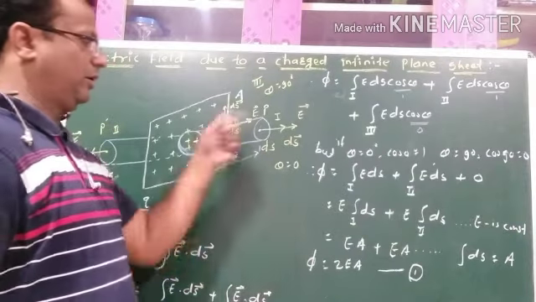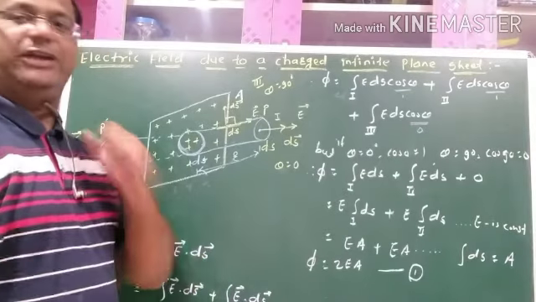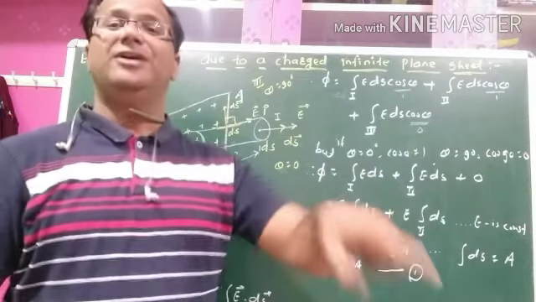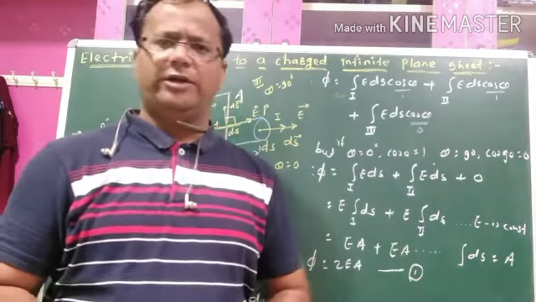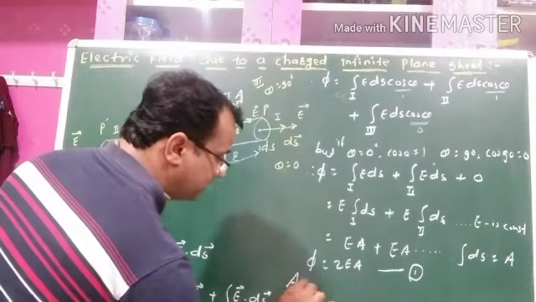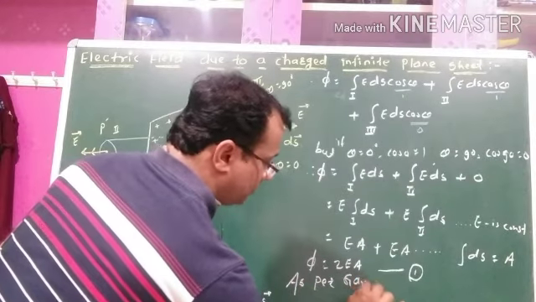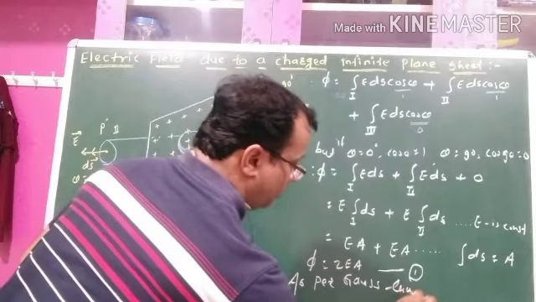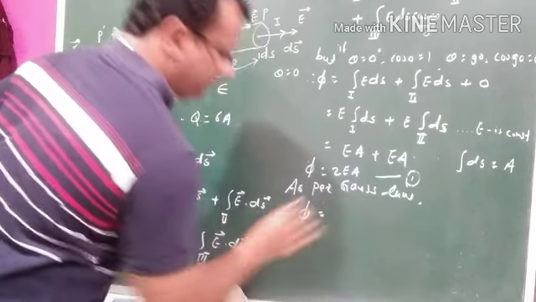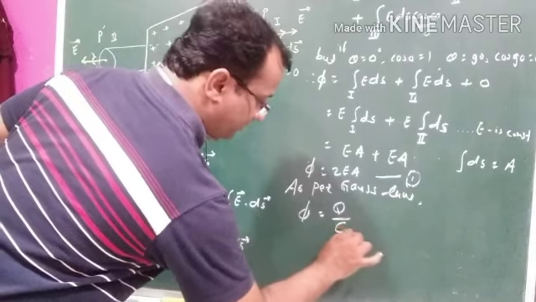Now this is about the electric flux from the geometry. Now again here we want to use the Gauss theorem. It means that we want to compare this equation with the Gauss theorem, and we know the equation of Gauss theorem or Gauss law. As per Gauss law, phi is equal to the total charge Q upon epsilon.